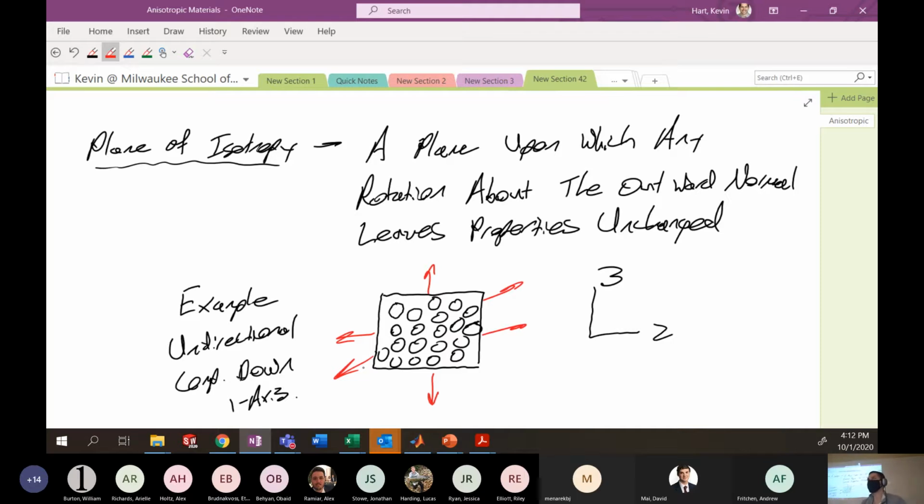Unidirectional composites are not isotropic as a whole, but we could consider this 2-3 plane as a plane of isotropy. That's why the calculation for E2 in unidirectional composites is the same as the calculation for E3.